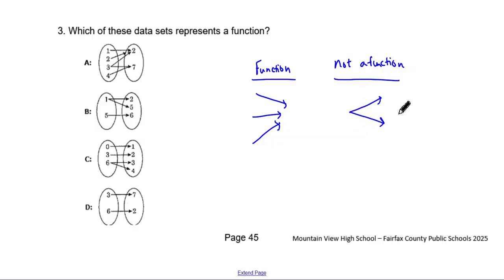So if you see this shape, then it's not a function. I see this shape here, 3 goes to 2 and 3 goes to 7. 1 goes to 2 and 1 goes to 5 there. 6 goes to 3 and 6 goes to 4. And then this one is a function because every value has its own, okay?